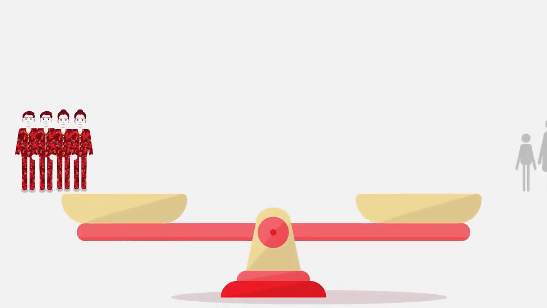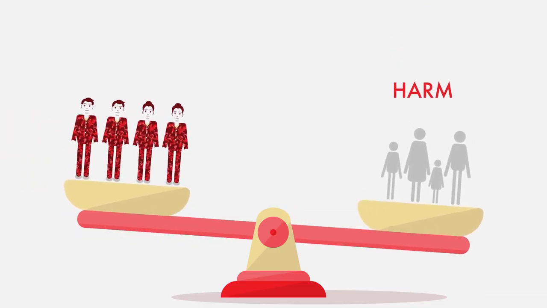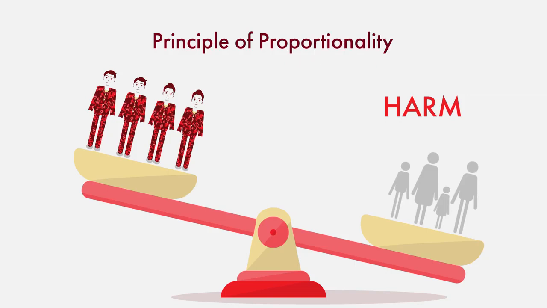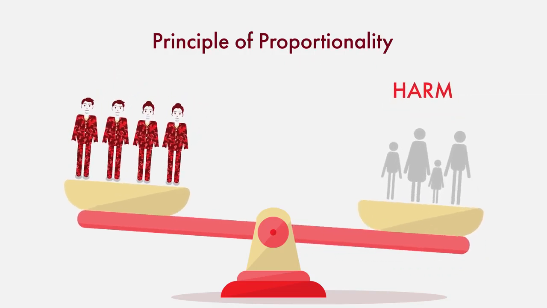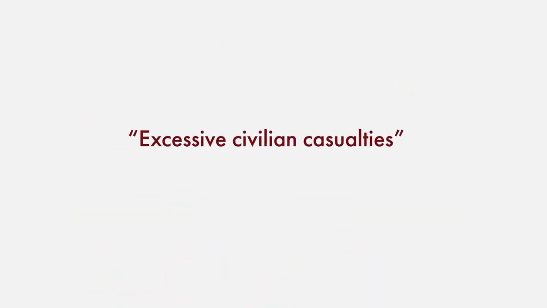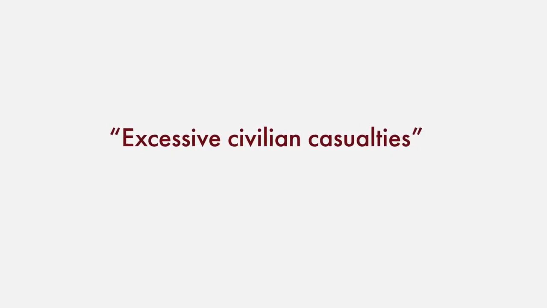It is not even enough that the anticipated harm to civilians outweighs the anticipated gain to the military. The principle of proportionality requires that the anticipated loss to civilians must not be excessive in relation to the anticipated military advantage that may be gained by the attack. The principle of proportionality does not make it illegal to cause civilian casualties. Instead, proportionality focuses on whether an attack creates excessive civilian casualties and damage to civilian objects.